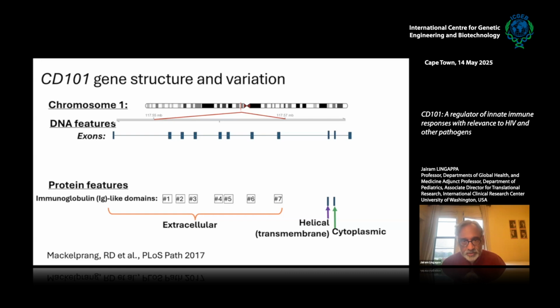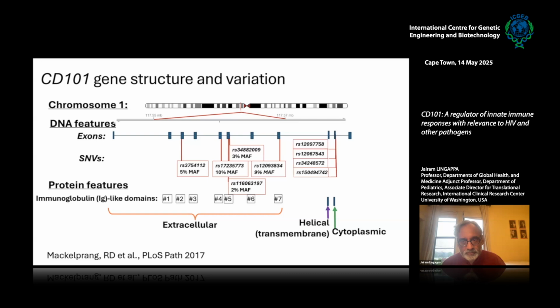Each of these regions of the protein were associated with variants, and in particular, there were five variants in the immunoglobulin-like domains that, in the discovery analysis, were associated with HIV acquisition risk.